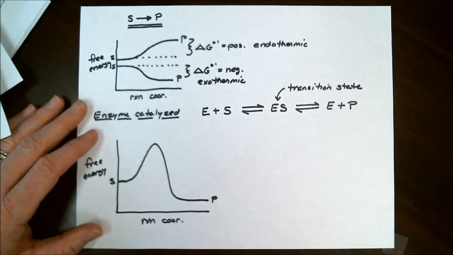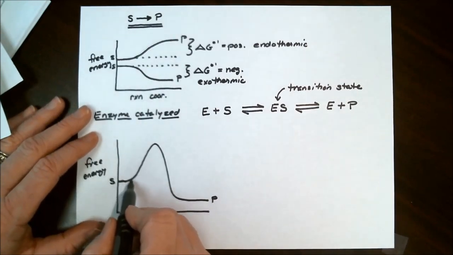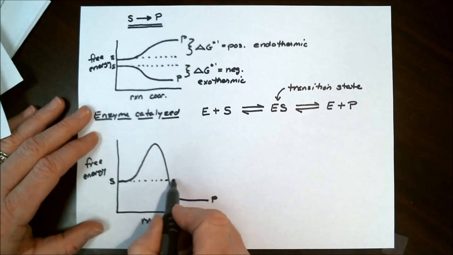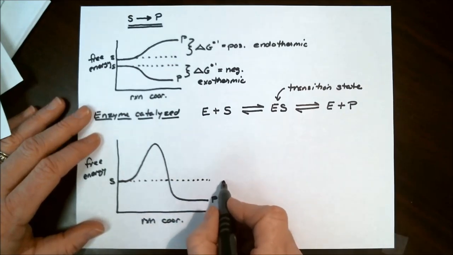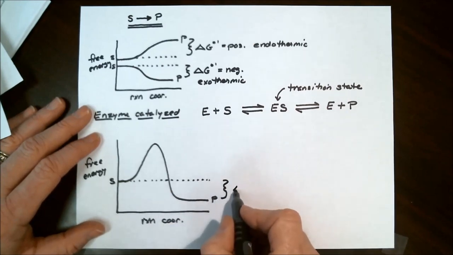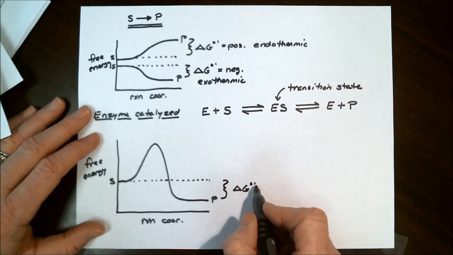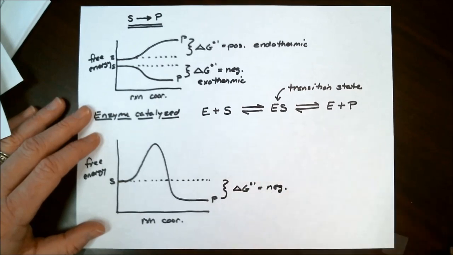Now, several features to keep in mind here. This is the chemical reaction in the biochemical sequence. We have substrate being converted into product. So this difference in free energy equals a negative value.